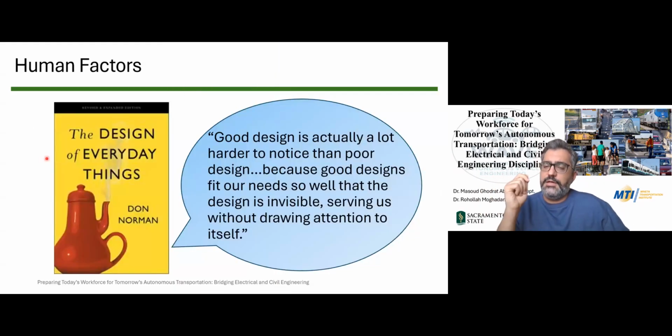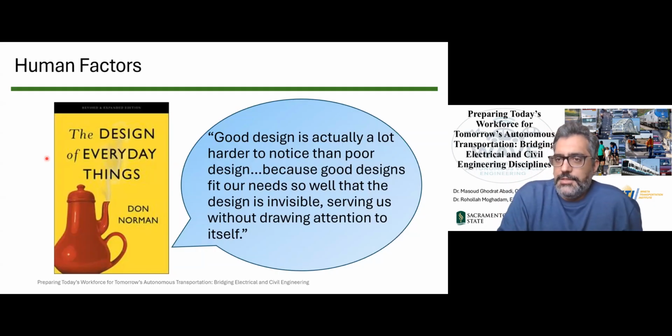Whenever you are thinking of considering human factors in your design, you should remember one important fact. I love this book, The Design of Everyday Things. I have it in my library, and it has a very nice quote, which says that when you notice a bad design, when you're frustrated with the system, if there is a good design, you typically don't see it.